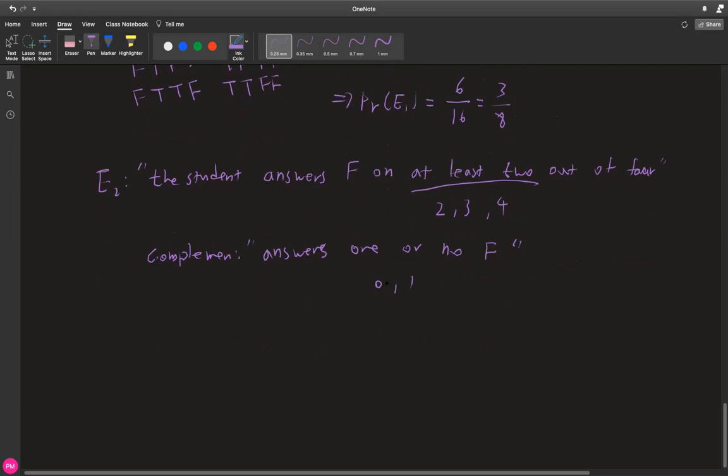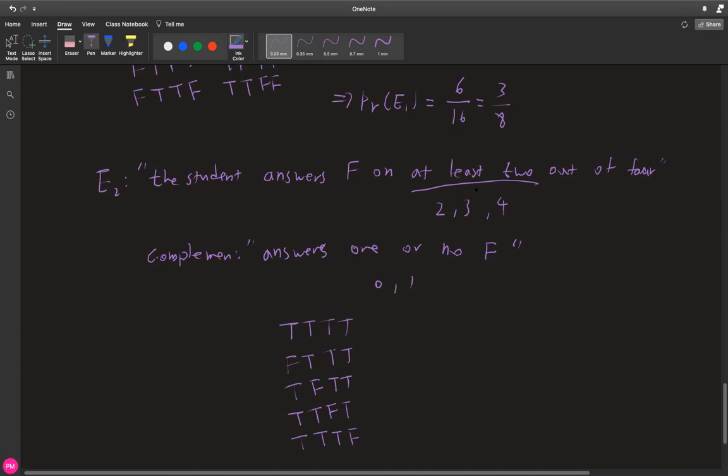So let's actually count this because it's going to be a lot smaller number. Having no F is simply all T, and we've already done this. That was simple. And having 1 F would be F, T, T, T, T, F, T, T, T, T, F, T, and lastly T, T, T, F. That's really all there is to it.